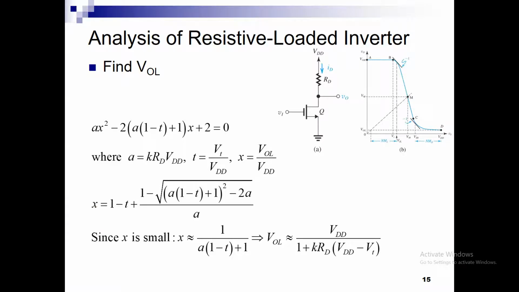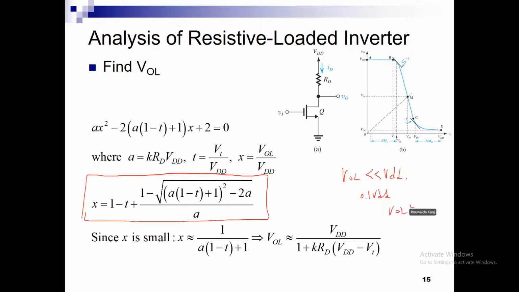Of course, it is easier for you to write the AX squared plus BX plus C and find the root, and this is too convoluted. And then they're telling me that if VOL is expected to be much smaller than VDD, let us say 0.1 VDD, then VOL squared would be almost 0.01, so I can drop it.